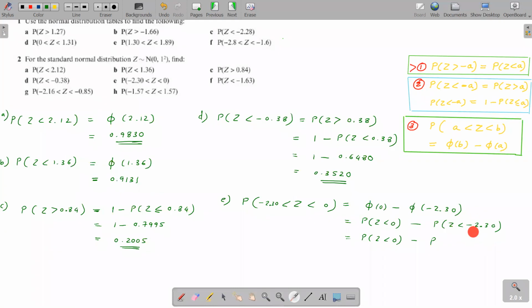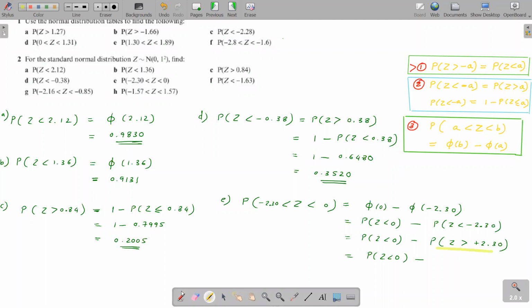So the first thing is I want to convert the negative value to positive. How do you convert negative to positive? You write Z, flip the inequality, less than becomes greater than, and change the sign. Flip the inequality, change the sign. All right, guys, that's what we do here. And then the probability is Z less than 0 minus, and now you have to get the area greater than. But the table doesn't give you greater than probability.